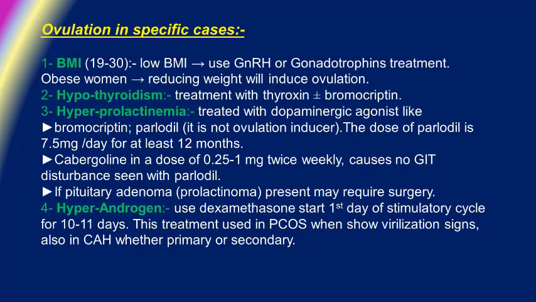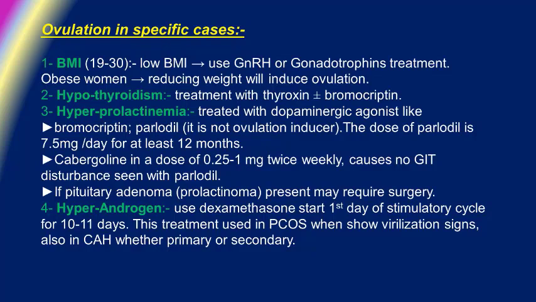So the treatment of choice for them is either GnRH or gonadotrophin injection. In obese women, with body mass index more than 30, reducing the weight is the only treatment, and may be very effective for induction of ovulation. In case of hypothyroidism, treatment with thyroxine plus or minus bromocriptine. In case of hyperprolactinemia as a cause of anovulation, all of them are causes of anovulation.